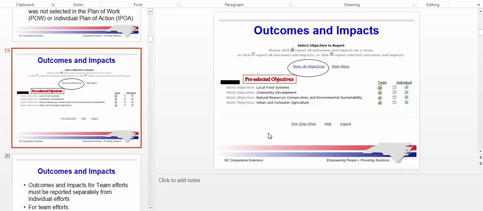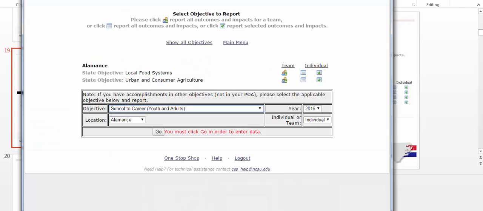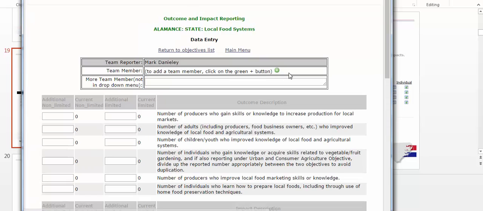Under each one of these, it has a team objective, and if you have a team that you're working with of other agents or co-workers in your county as a part of a team, you can list all their names when you go in to put them in as team. Here's an example.